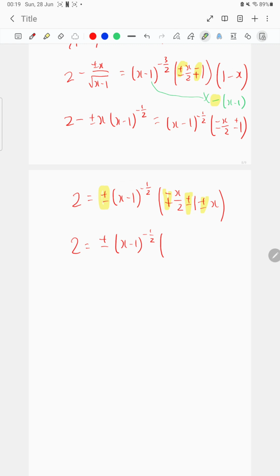So we can just treat the top part, because I don't know how to explain this, but this is negative x over 2 plus x, that is just x over 2, and then the top parts are plus 1 plus 1.